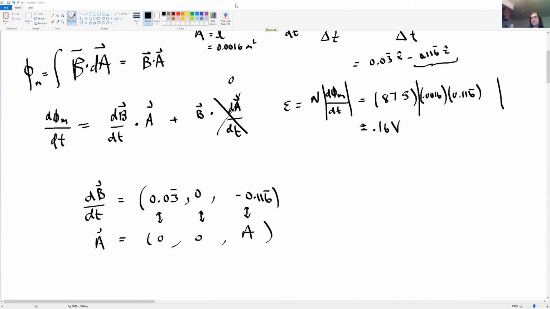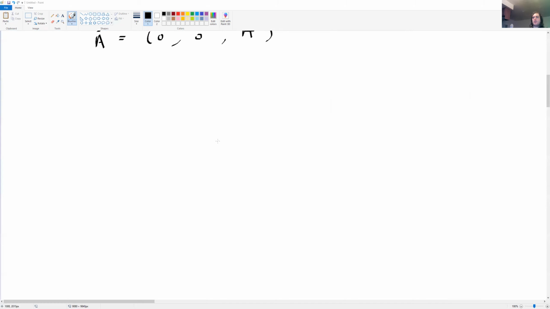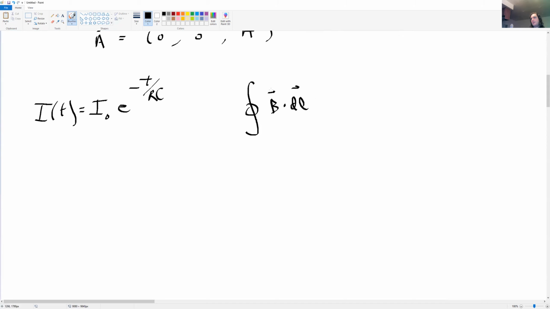Basically, you have a time-changing current from RC circuits, right? So I0 e to the minus t over RC is your current as a function of time. Ampere's law says B dot dl equals mu 0 times I enclosed, right?